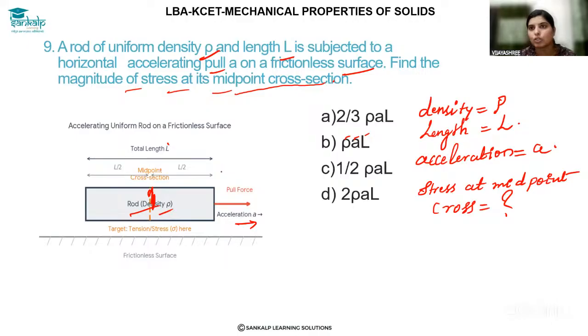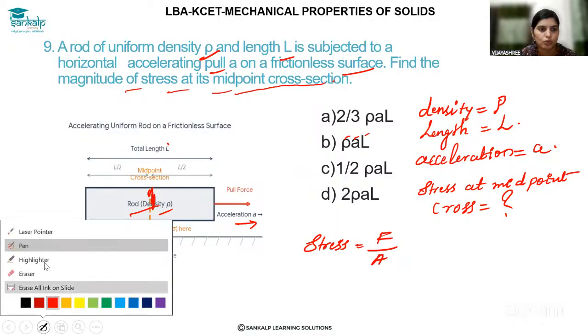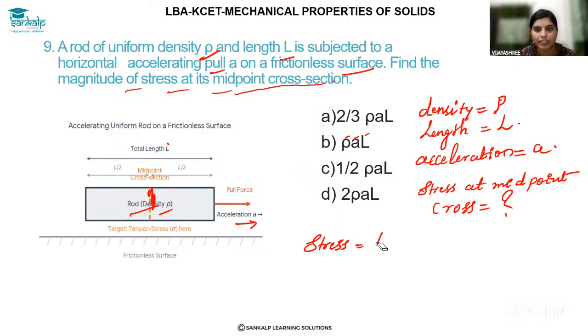What is the formula for stress? Stress is equal to force divided by area, applied force divided by area of cross section. I write force as F and area as A.